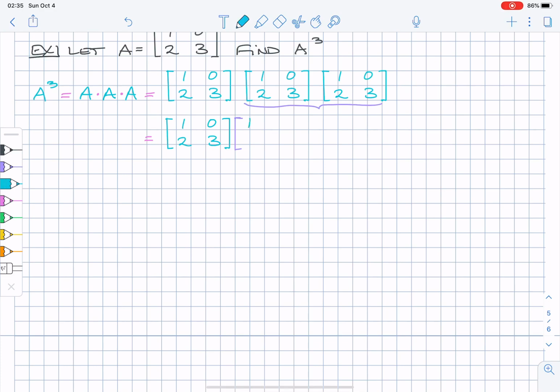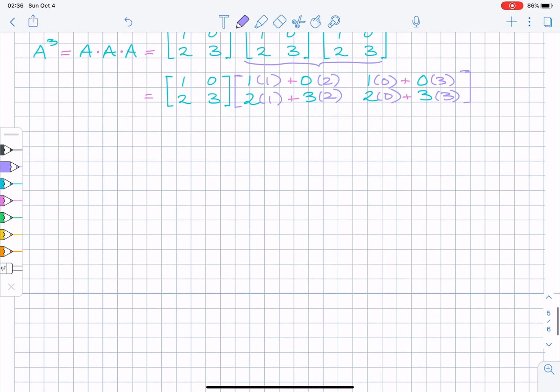Well, it's going to be row (1, 2) times column (1, 2) plus row (0, 3) times column (1, 2) for the first column. Then row (1, 2) times column (0, 3) plus row (0, 3) times column (0, 3). Okay, so what do I get?